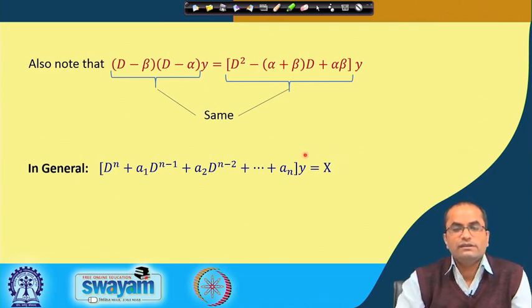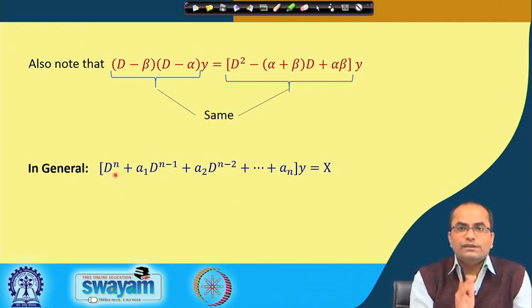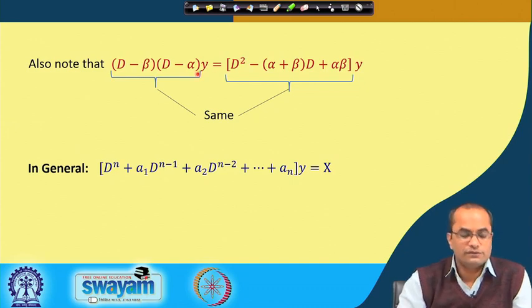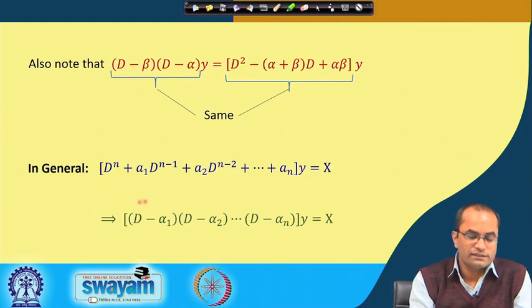On the right hand side we have x. So here also we can factorize, because this is a kind of polynomial equation in terms of D, if we do not worry about D being an operator. So it is like a polynomial equation, and we can factorize it also.